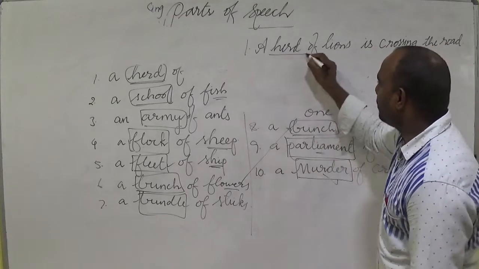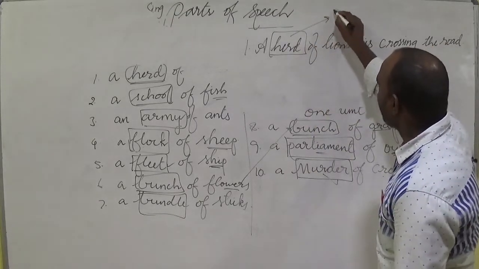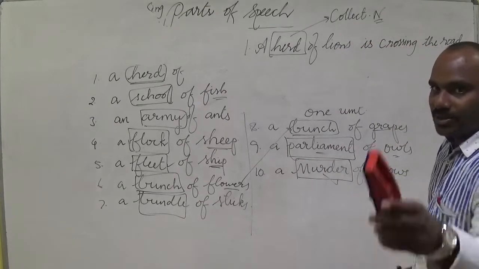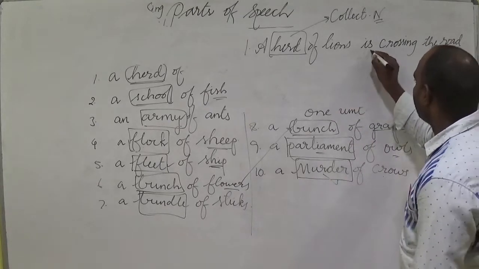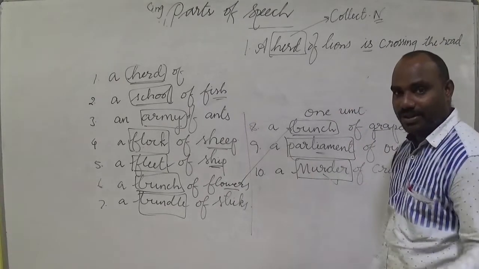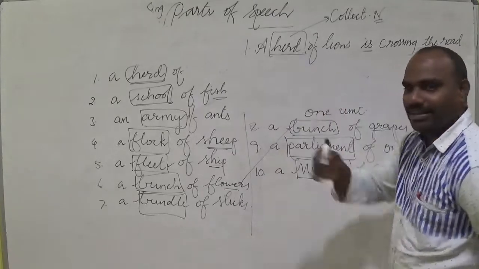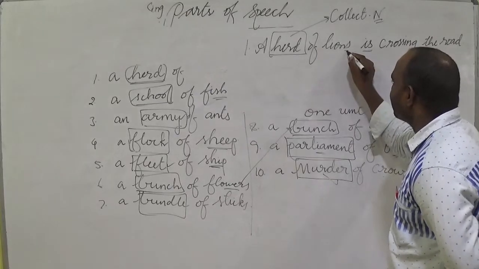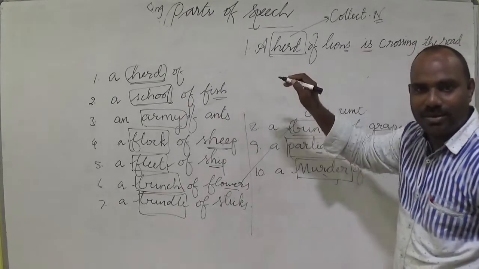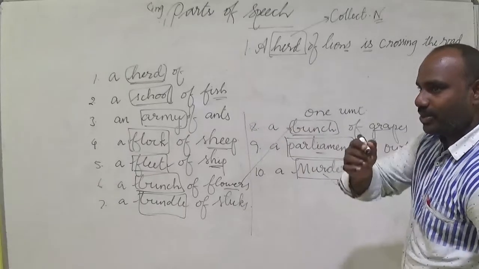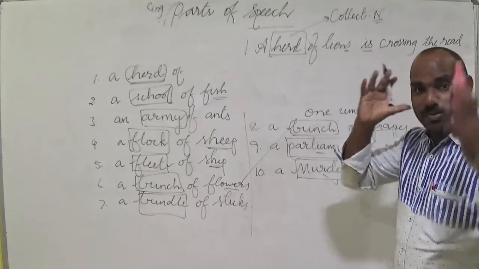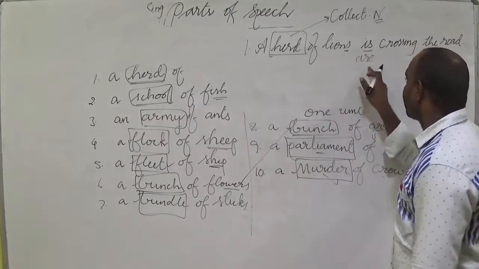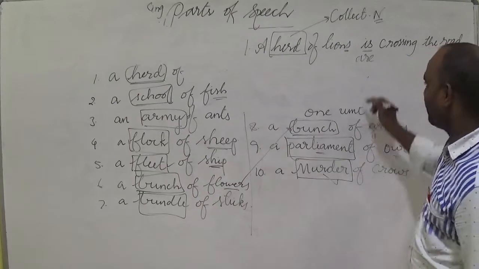Herd is a collective noun, so a collective noun is always followed by a singular verb. Generally, this is a mistake students make. Lion is a singular noun, lions is a plural noun, so we tend to use a plural verb: a herd of lions are crossing the road. This is, of course, wrong.